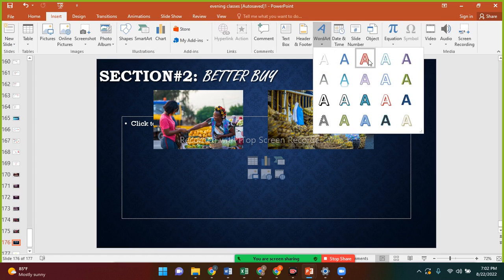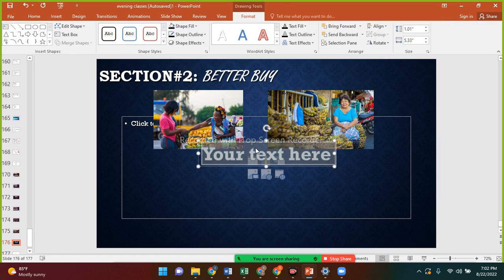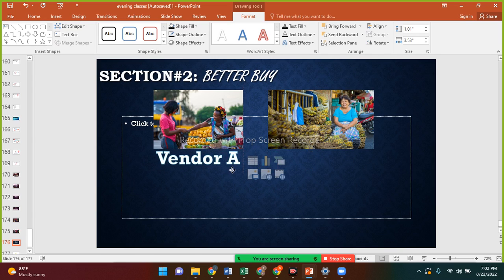So we're gonna label them. We're gonna call this one vendor A. So vendor A is gonna be this lady, and we can call this one vendor B. Okay, good.